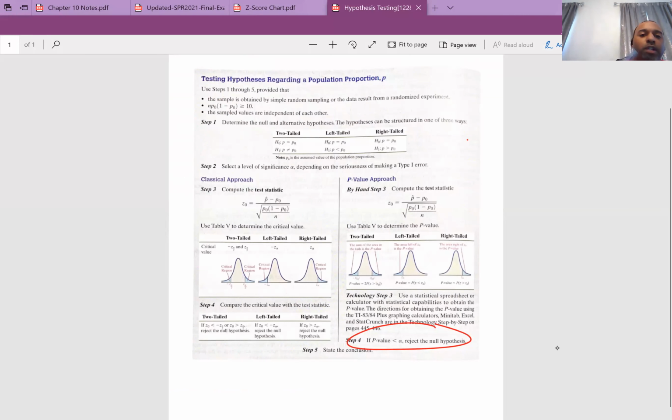It says use steps 1 through 5, provided that, first of all, your sample is obtained by random sampling. Then this condition has to be the case as well: n times p naught times 1 minus p naught has to be greater than or equal to 10, which we've dealt with before in the previous chapter. And then the sample values are independent of each other. So in other words, you picking your values has nothing to do with picking the next value.